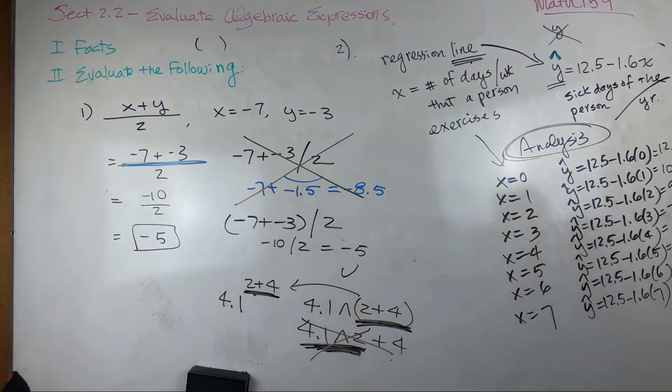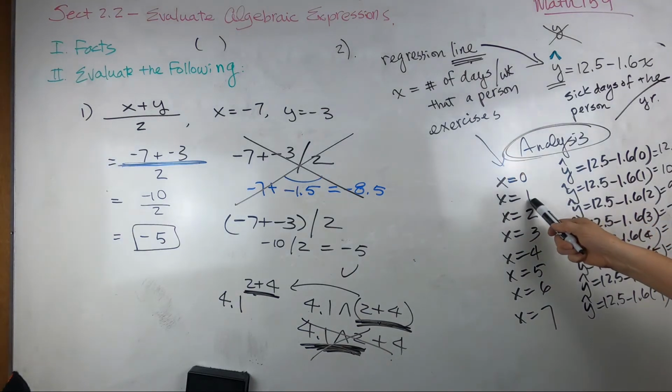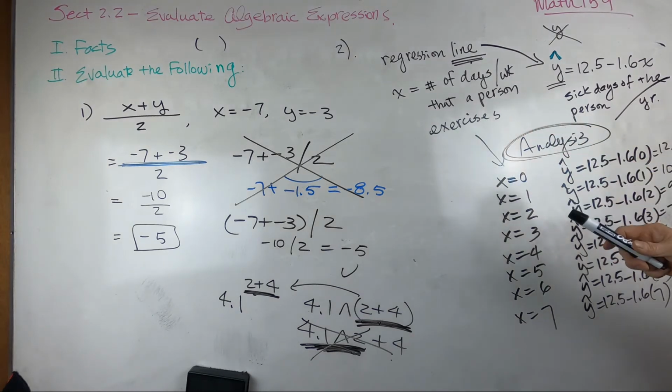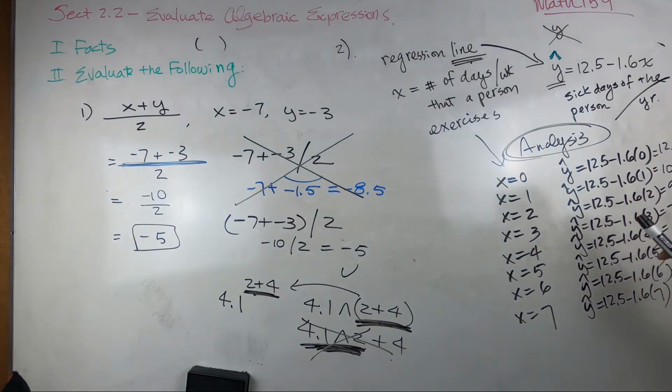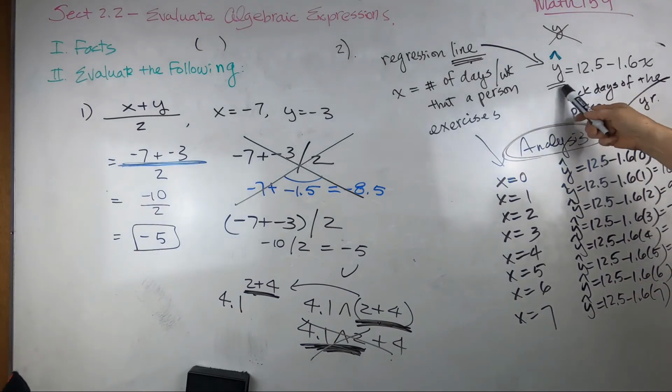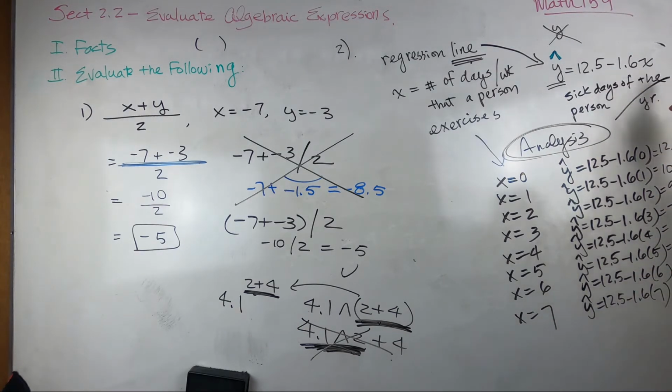sometimes it does, right? So if X is 1, it means what? If this person exercises 1 day per week, his sick days per year will be 10 or 11 days. 2 days per week, he will be sick 9 days, 3 days a week 7 or 8 days, 4 days a week would be 6 days per year, according to the prediction formula given to you.